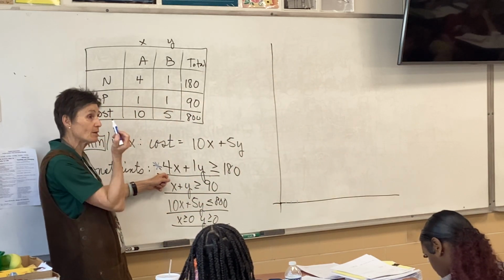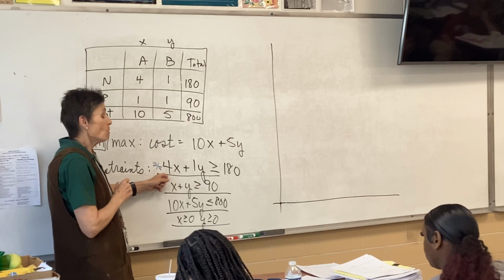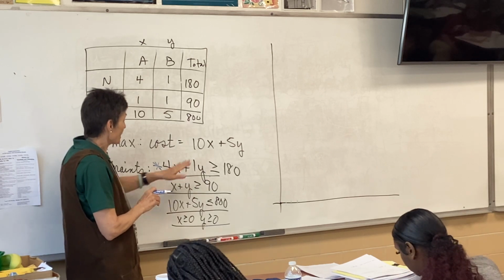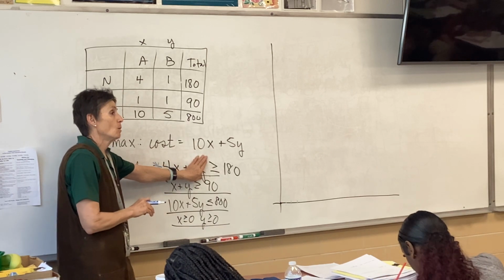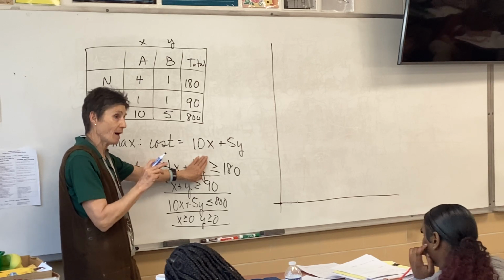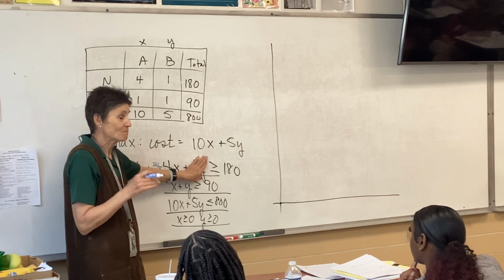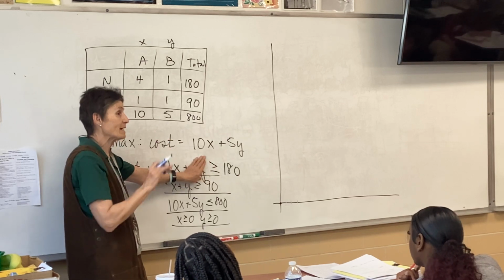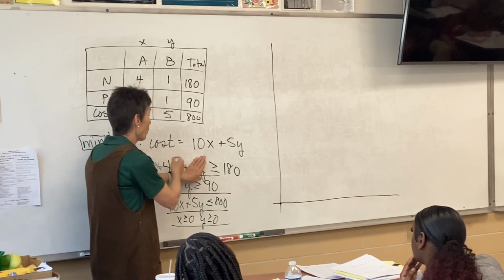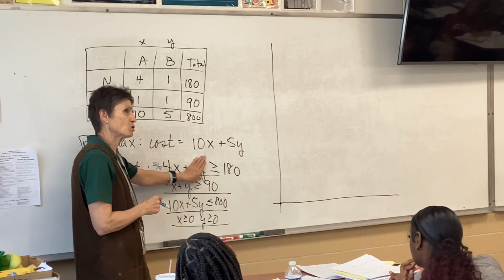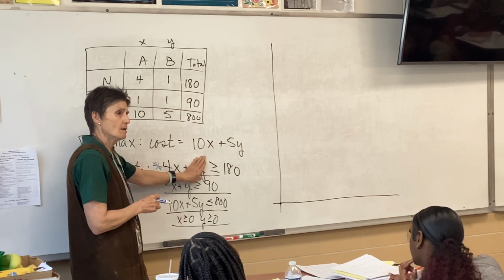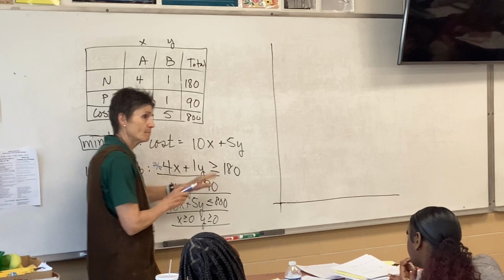I'm going to graph this one right here with my blue marker. When I graph these, cover up one variable and plot the other one. We're doing the intercept method. So if I cover up y, if I say y is 0, then 4x equals 180, which means x is 45.